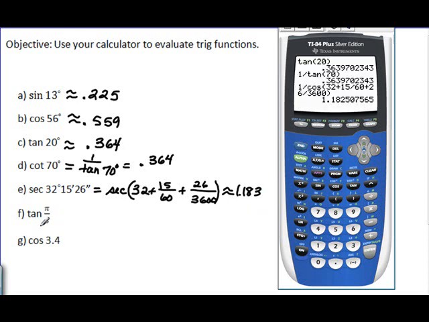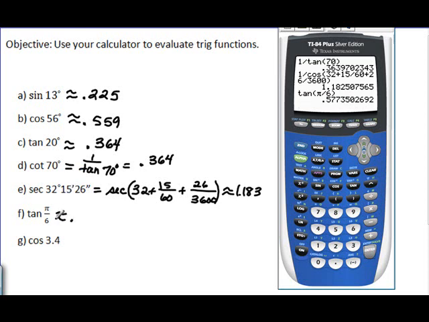Now I want to enter tangent of pi over 6. Well, remember what's pi over 6. You could convert the radians to degrees, but you don't have to do that. If I wanted to do tangent of pi over 6, I can do second and the caret symbol to get my pi over 6. That's the same thing as tangent of 30 degrees.